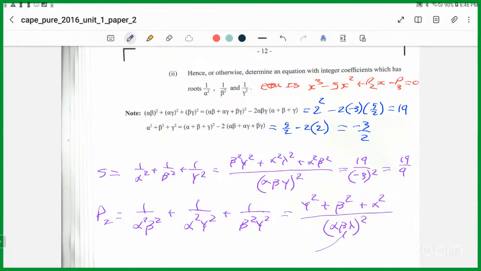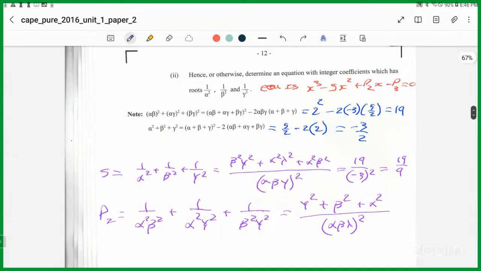This works out to 9, same as before. But this numerator already worked out to be negative 3 over 2, so we don't have to work it out again.